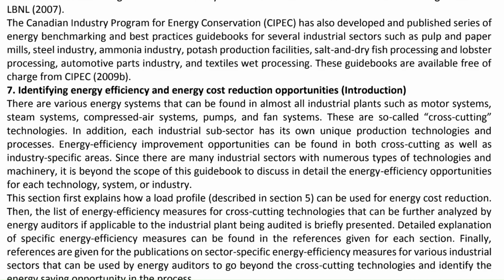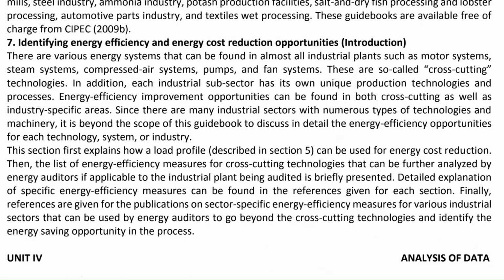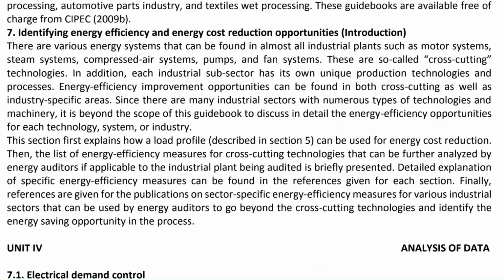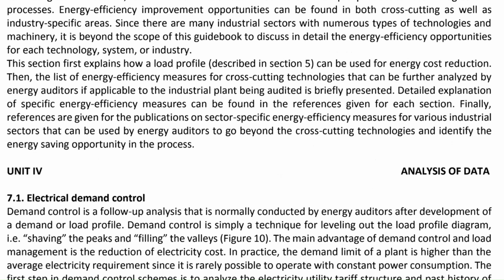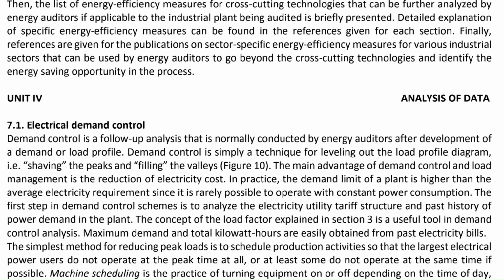Different cross-cutting technologies were developed for motor systems, steam systems, compressed air systems, pump and fan systems, so that the propellers, impellers, pressure and pipe size could be monitored, leakage could be reduced, and the best possible delivery of energy can be made. Okay, so here we conclude the unit.